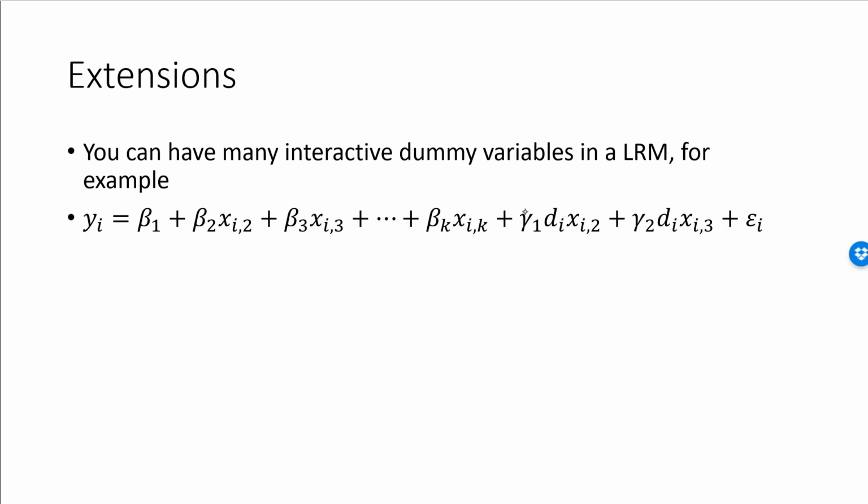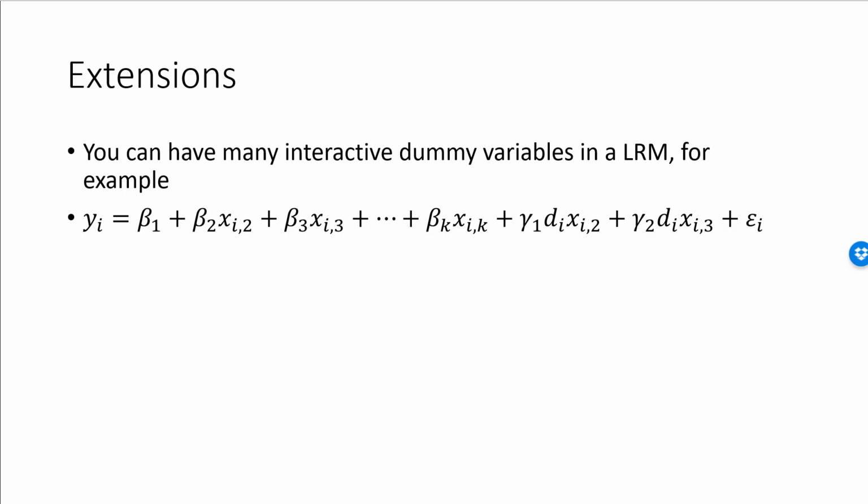So gamma 1 is the extra marginal effect of x2 for the group of individuals coded as 1. And the marginal effect of x3 for the group coded as 1 is beta 3 plus gamma 2. Gamma 2 being the extra marginal effect for individuals coded as 1 above the marginal effect for individuals coded as 0.